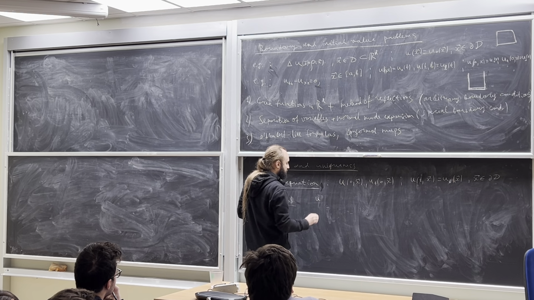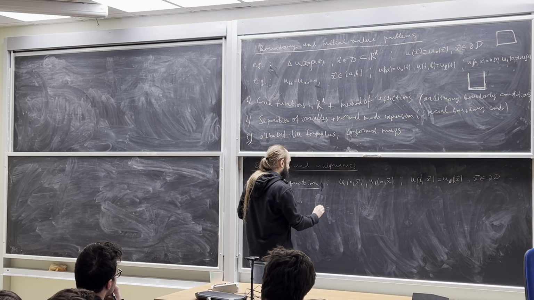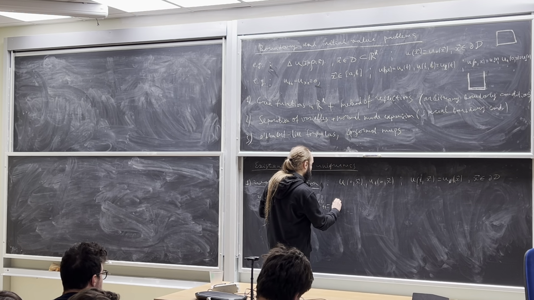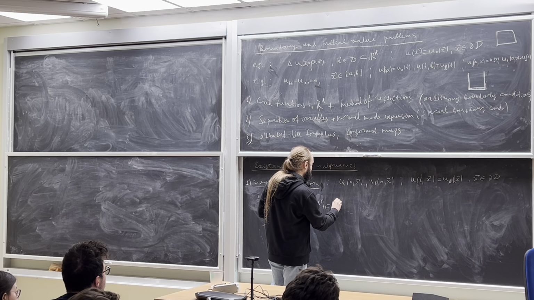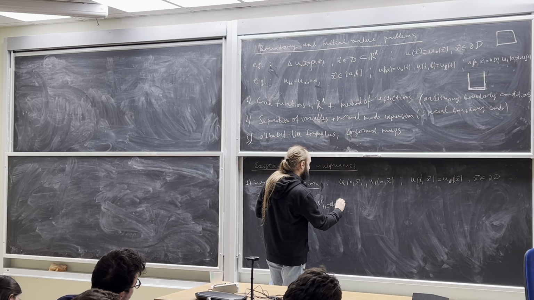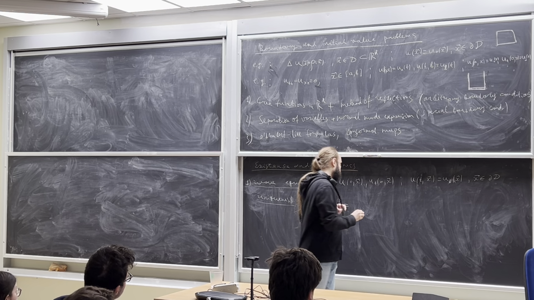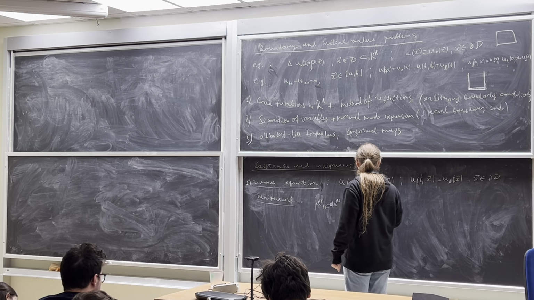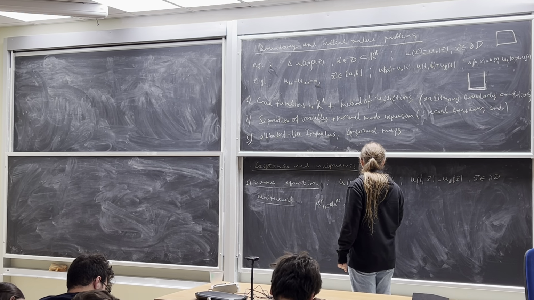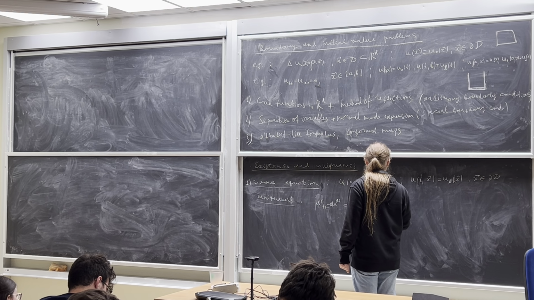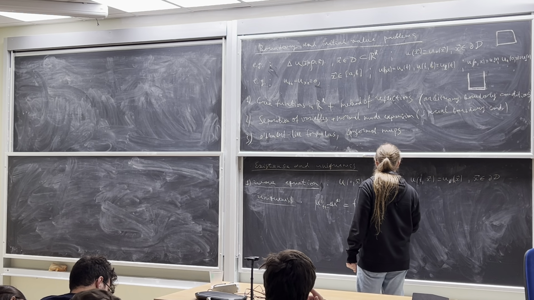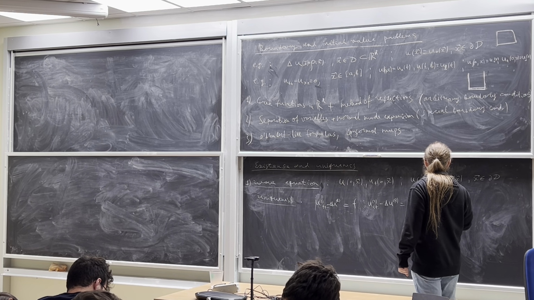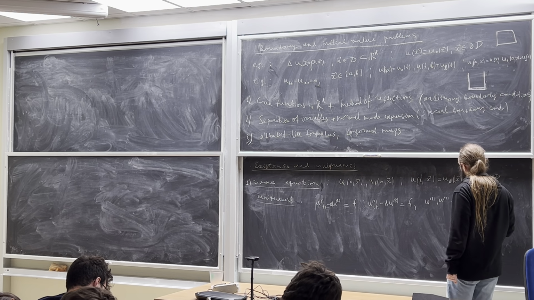Suppose that we have some solutions: u1 tt minus Laplacian of u1 equals some function f, and we have another solution, u2 tt minus Laplacian of u2 equals f. So u1 and u2 are two solutions.